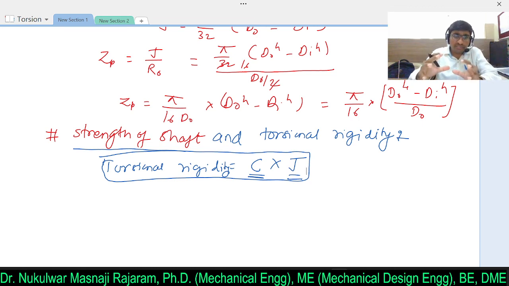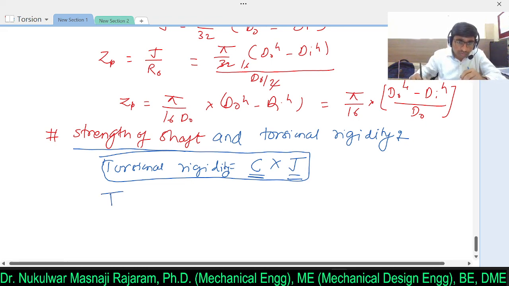So the significance of this rigidity is the amount of torque required to twist by 1 radian per unit length of the shaft.